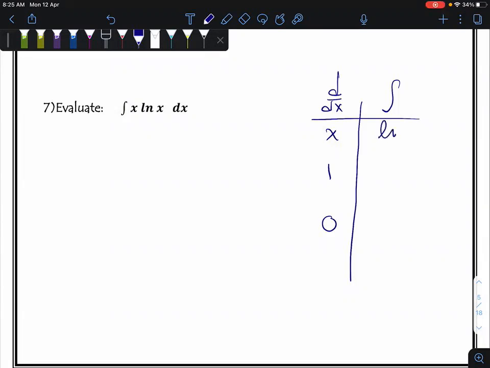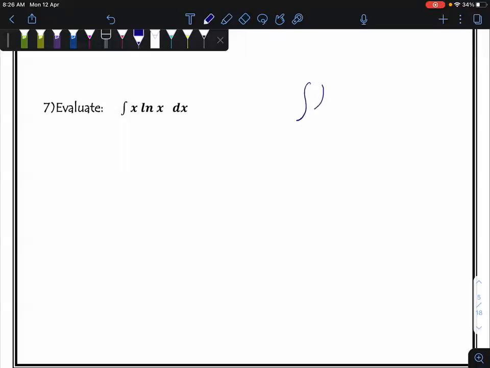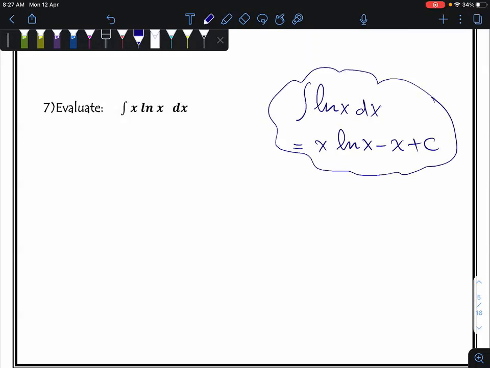For the integral of ln x, you have to know that the integral of ln x dx is equal to x ln x minus x plus c. We proved this one before. There's no time yet to do it now, but you can do it by parts also.